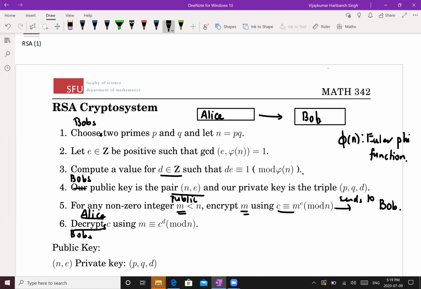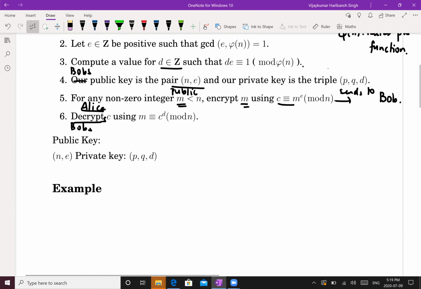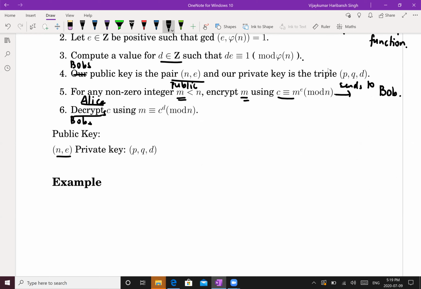Okay, so let's work out the example. Again, to emphasize, (N, E) is the public key and (P, Q, D) is the private key. All right, so let's look at an example. Bob chooses P to be 101 and Q to be 113, where of course P and Q are primes.